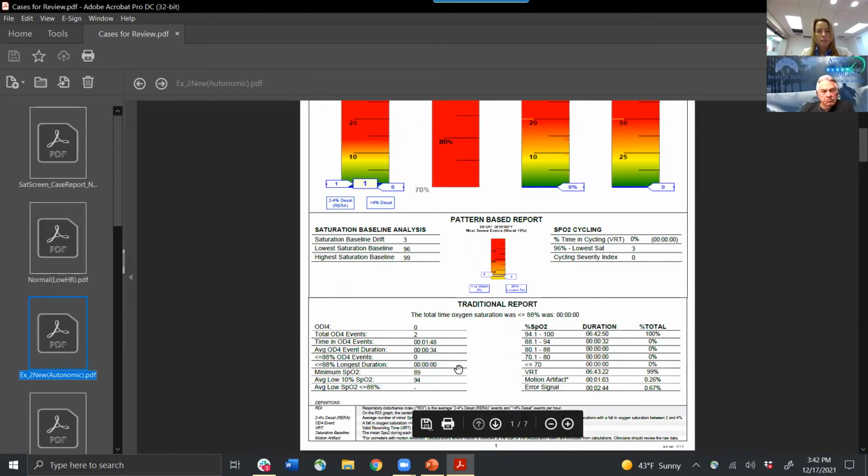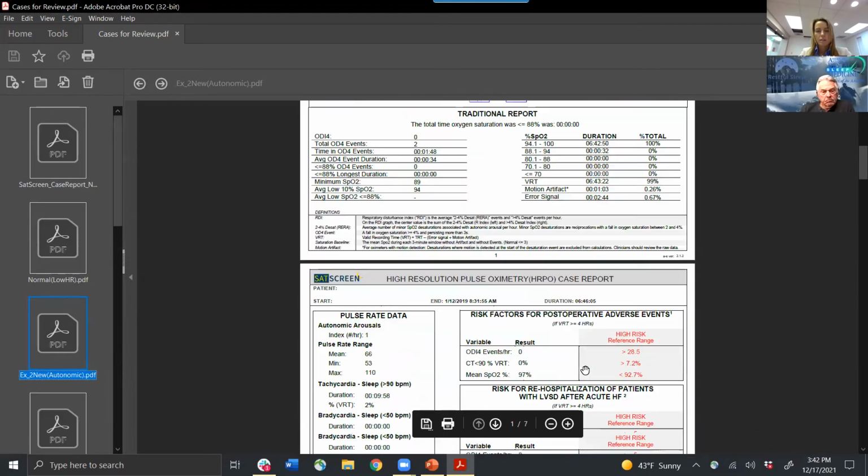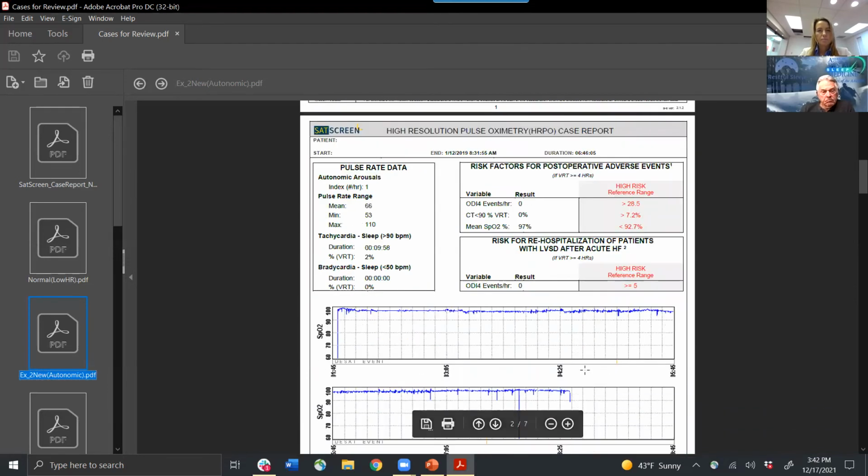Everything we see here is kind of in the same normal range. Autonomic arousals, we have an index of 1 per hour. Our SpO2, everything is in the normal range here as well.